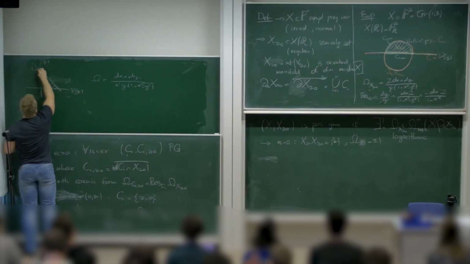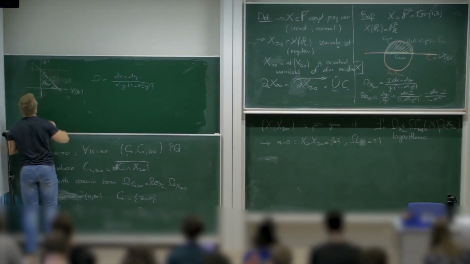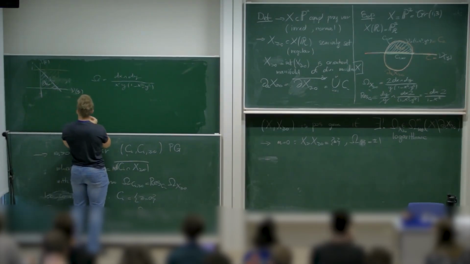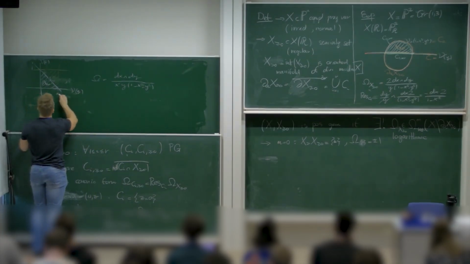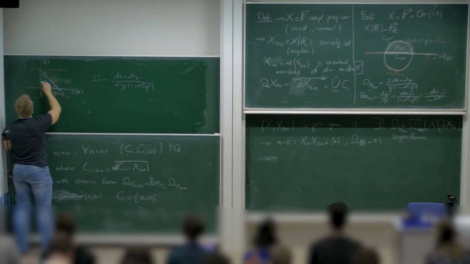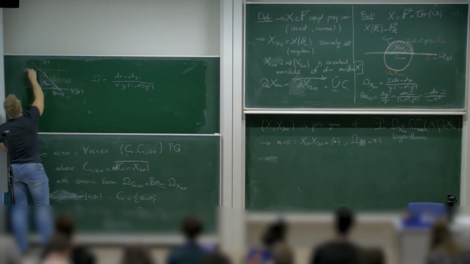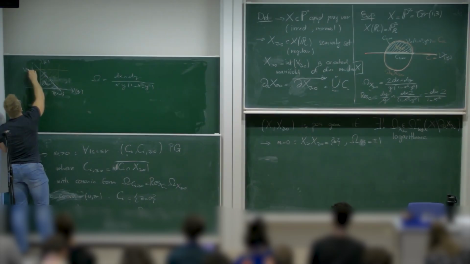I want to compute the form of this other one. So let's say this is x equals 1, x minus 1. This is y minus 1.